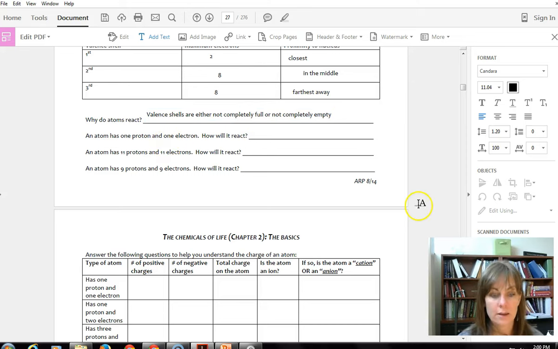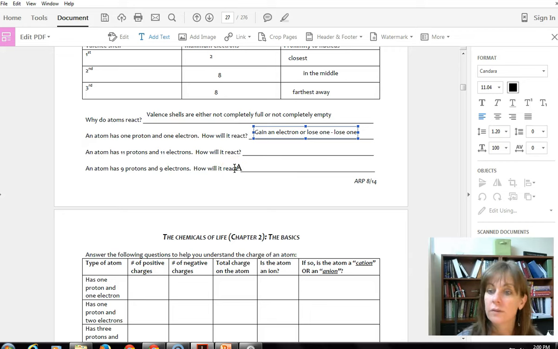Well, it either has to gain an electron or lose 1. And we know from observation that in fact it most of the time will lose 1.